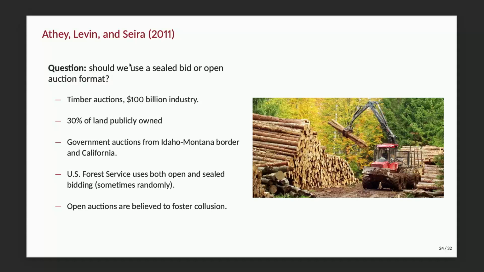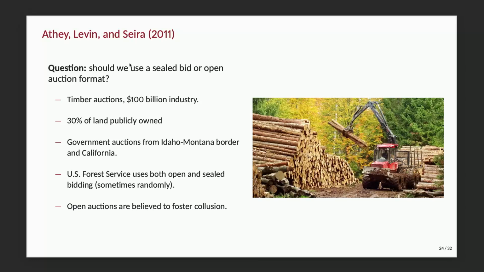The other thing that makes this interesting, but also complicates things, is that there has been a widespread suspicion, a belief by not just theorists, but practitioners in this industry, that open auctions foster collusion.